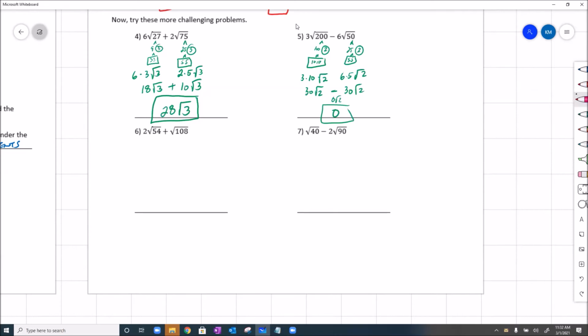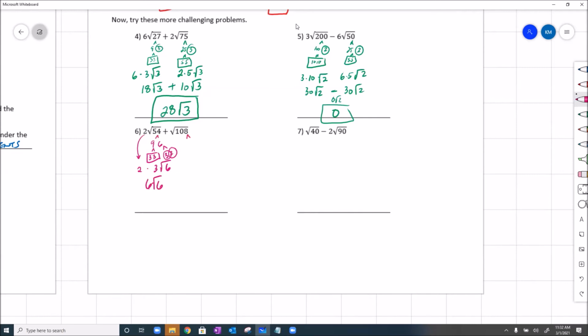All right, number 6, we have 2 radical 54 plus radical 108. So 54, that's 9 times 6. 3 and 3, 3 and 2. So I have a pair of 3s. And 3 times 2, no pairs, so I'll multiply those. And then there's a 2 already on the outside, so I'm going to have that out there. 2 times 3 is 6. So 2 radical 54 simplifies to 6 radical 6.